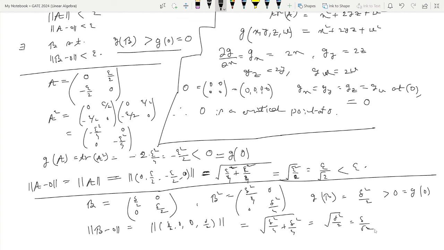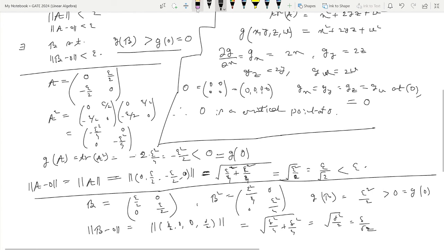Oh, extremely sorry, we have to show that norm B is less than epsilon, so we don't take delta, simply we will take epsilon by 2, then it will serve our purpose. So this epsilon by 2, this is epsilon by 2, this will be epsilon square by 4, epsilon square by 4, and this GB is our trace B square, that is epsilon square by 2, done, this is greater than G0.